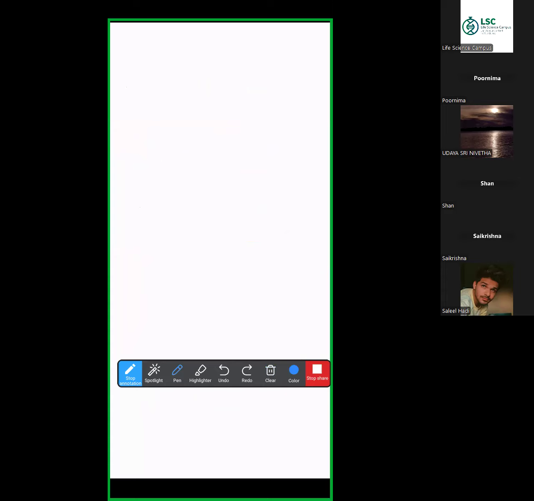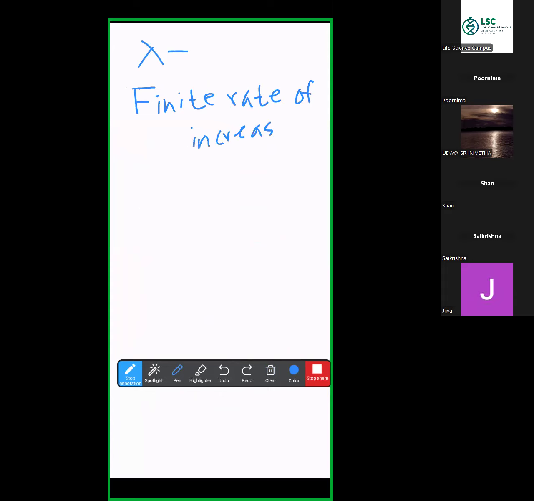So we have another term, that is lambda. This lambda represents the finite rate of increase. Finite rate of increase is the ratio of population size from one year to the next year.